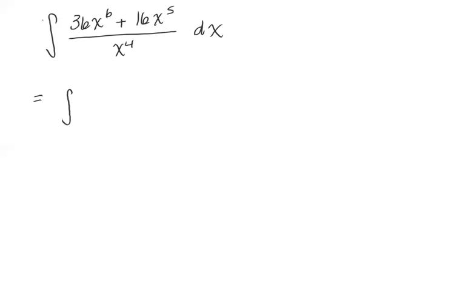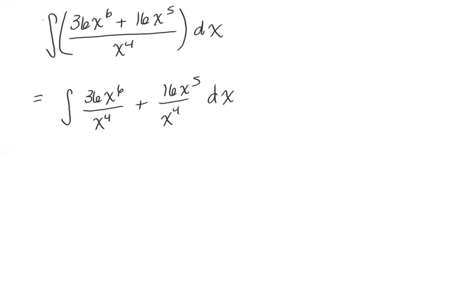I can rewrite the integrand, this part here, as 36x to the 6th over x to the 4th plus 16x to the 5th over x to the 4th, dx, which I can simplify. This is equal to the antiderivative of 36x to the 6th over x to the 4th, which is 36x squared, plus 16x to the 5th over x to the 4th, which is 16x.